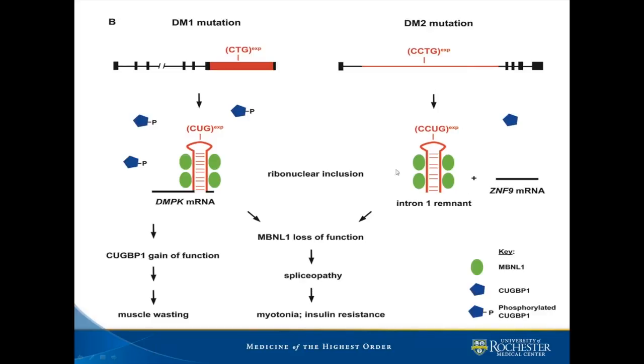So what happens when you form these ribonuclear inclusions in these two forms of myotonic dystrophy? In myotonic dystrophy type 1 and type 2, the muscleblind is held captive by these repeat expansions. And so its function is lost. Its function is to help the nucleus decide on the proper form of certain proteins.